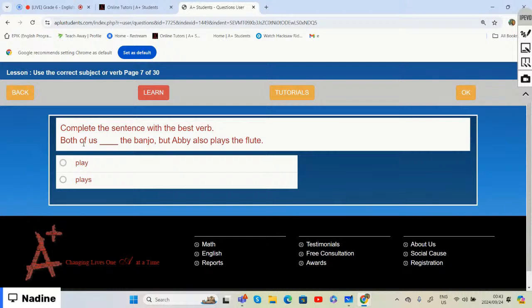Both of us. Both of us makes mention of more than one person. It's two people, because it's both of us. Do we say both of us play the banjo? Or do we say both of us plays the banjo? Which one is correct? Both of us play the banjo, option one, but Abby also plays the flute. Or do we say both of us, plural, plays the banjo?